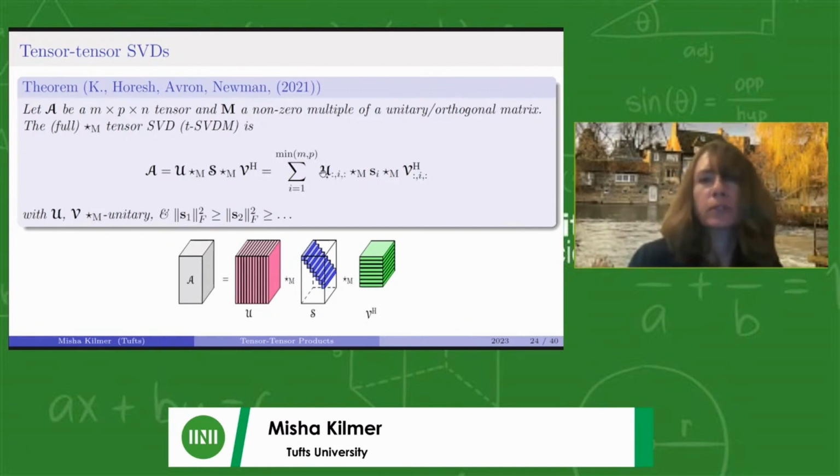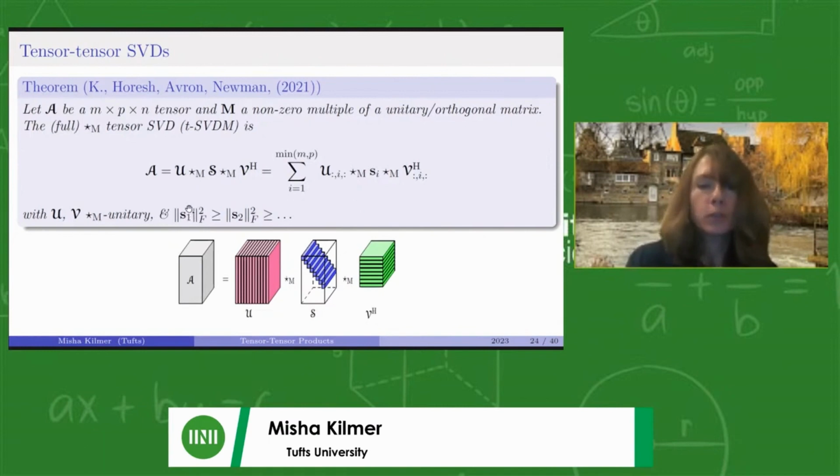So this lateral slice of U is playing a similar role to a column of the left singular matrix in a matrix SVD. A horizontal slice in V^H is playing the role of the right singular vectors. And the S sub i's, these tubes, are playing the role of, we have singular tubes instead of singular values.